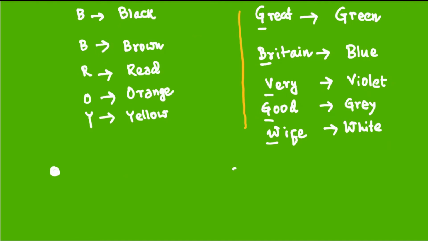As an example, we can draw a diagram of a carbon resistor having four color strips.